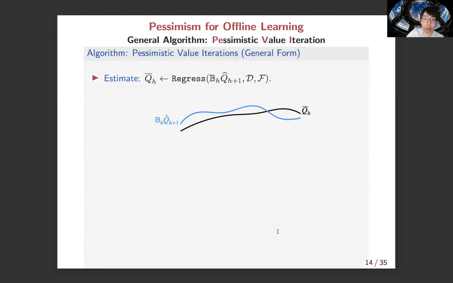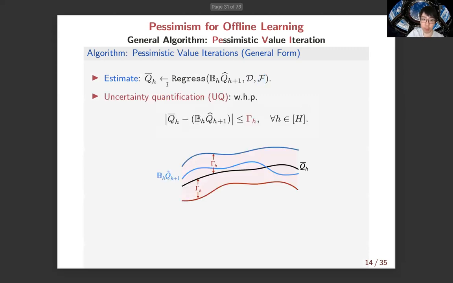So the algorithm here is we're just trying to incorporate uncertainty quantification in the naive value iteration algorithm. The first step is still doing regression, where we're applying this Bellman operator on the next Q function as the regression target, and we're doing the regression on the data set and over the function class F. And once we have obtained this estimator, we can quantify its uncertainty.